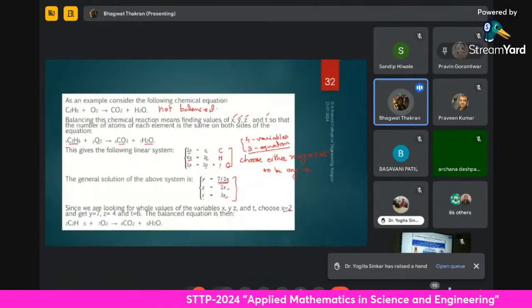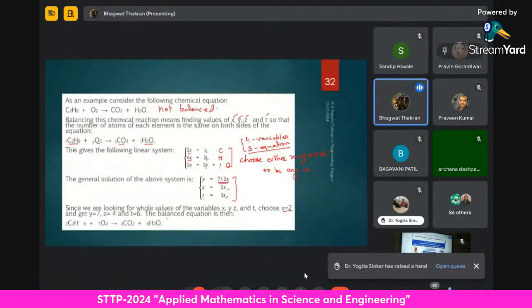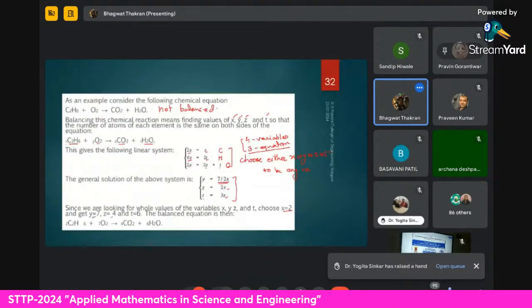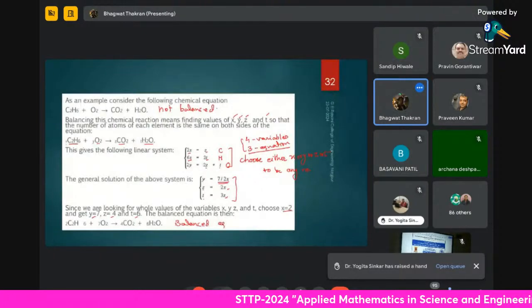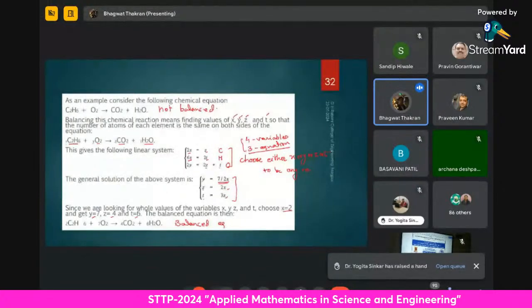The moment I choose x equal to 2, y becomes 7, z equals 4, and t equals 6. And this is my balanced chemical equation.